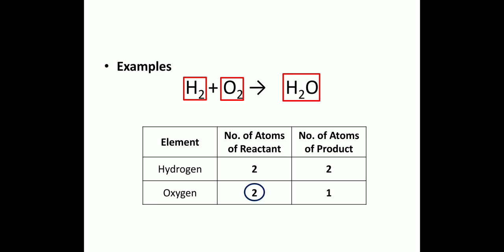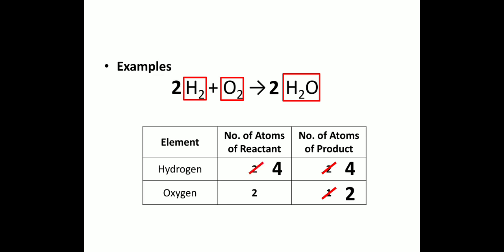So oxygen atoms on the reactant side are 2, whereas on the product side it is 1. So to balance the oxygen on the product side, we put 2, then the number of oxygen atoms on both reactant and product becomes 2. But now what happened with hydrogen? We see that now they are 4 on the product side, whereas 2 on the reactant side.